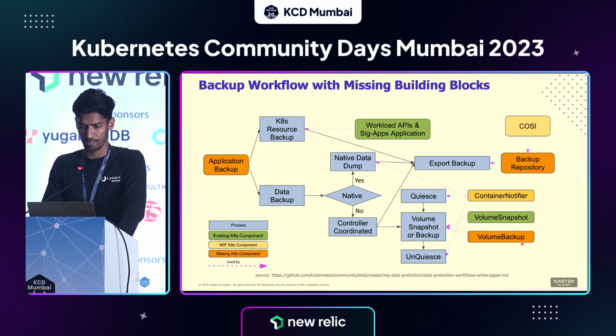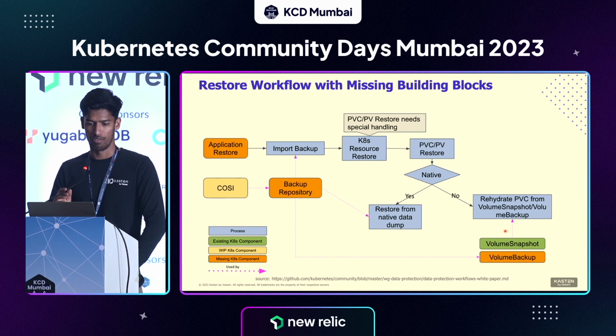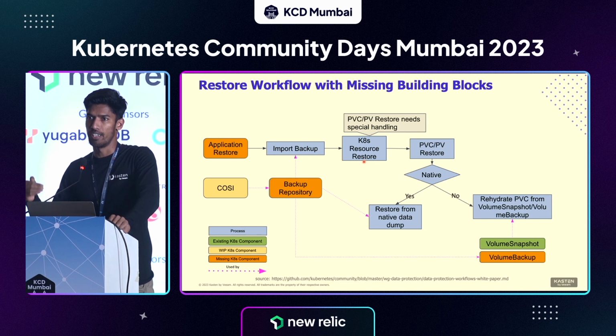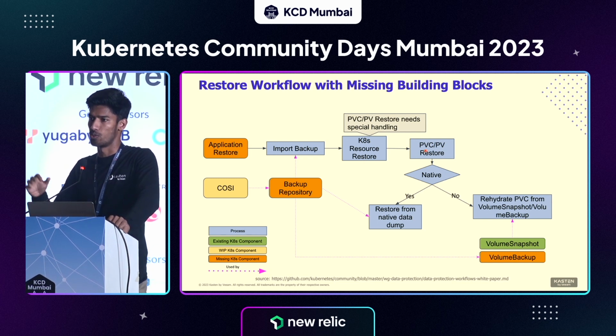All right, same workflow with restore. It starts with the application restore API. We get all the metadata, all the information, all the data from the backup repository. We recreate the resources. After recreating the Kubernetes resources, we restore data.